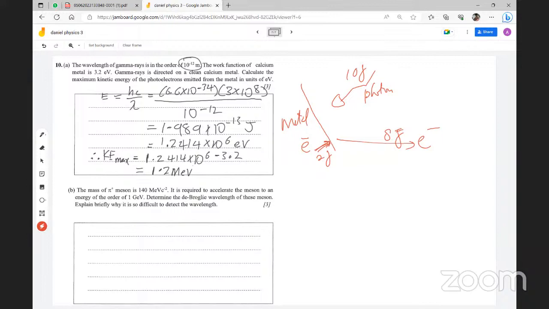Okay, let's do this. Can you use it here? You need to find the momentum. Momentum should be easy enough to find. What do you require for the momentum?